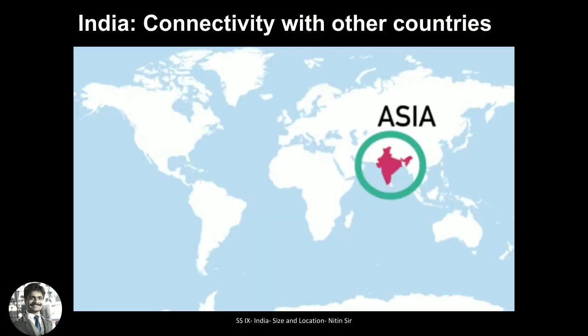India has been well connected with other countries since the ancient period. Since the ancient period, India has had good relations with other countries in terms of trade and commerce. Indian goods like spices and textiles were in great demand in the world.